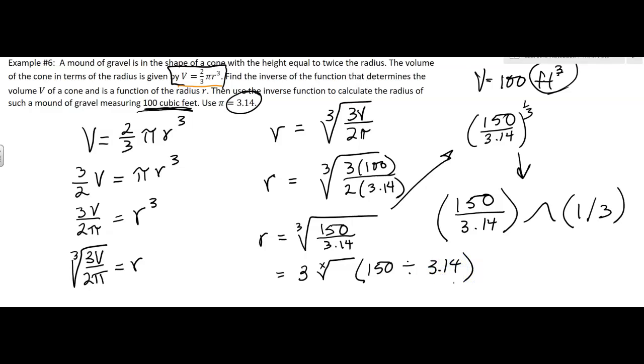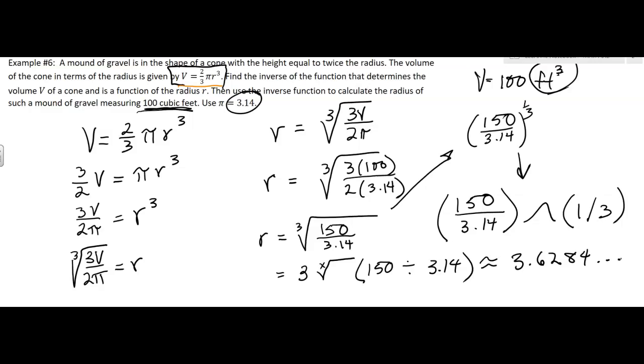Okay, so let's do that. 150 divided by 3.14, close that off, and I get 3.62844. So it's about 3.6284, and it keeps going.